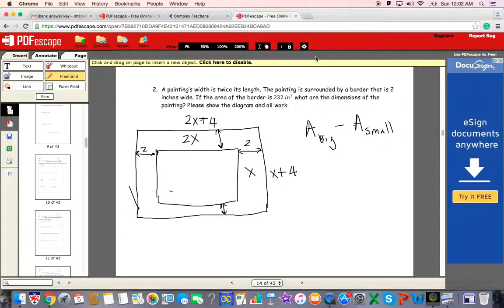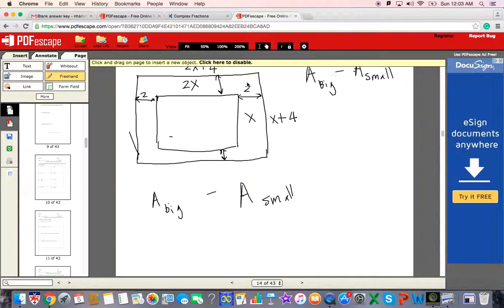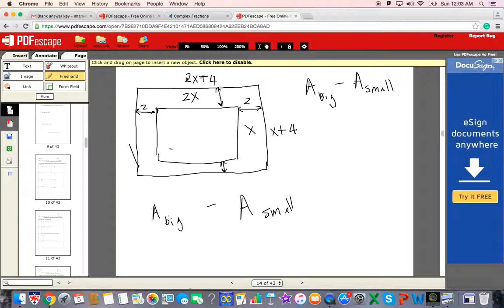All right, so now the area of the big rectangle, let's use the space below. The area of the big rectangle is base, which is 2x plus 4, times x plus 4, because it's base times height. So let's write that down.